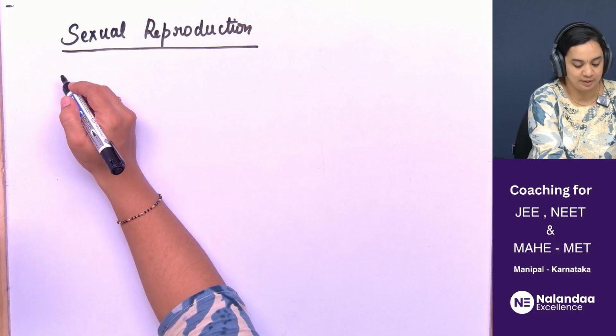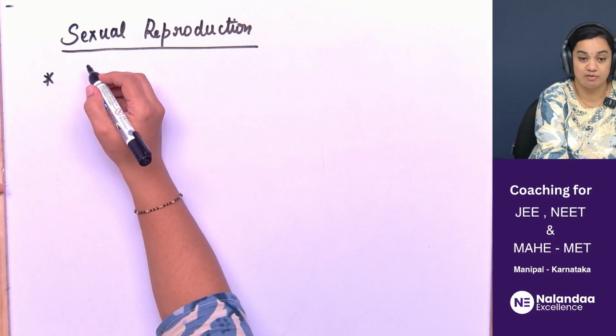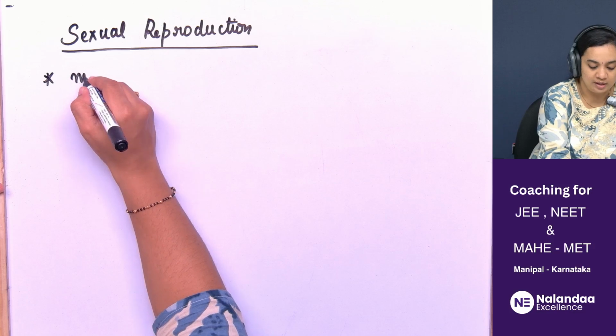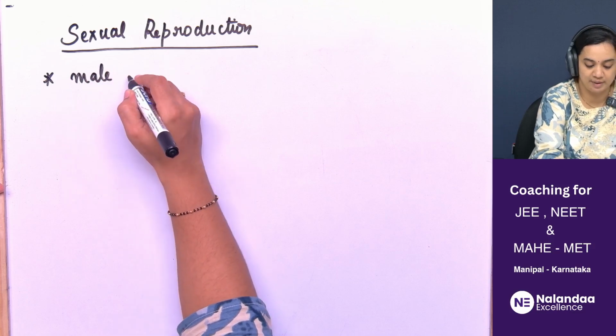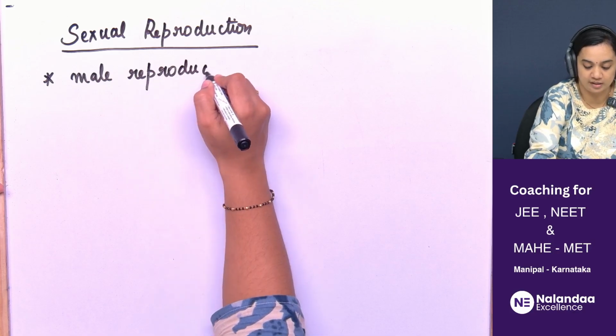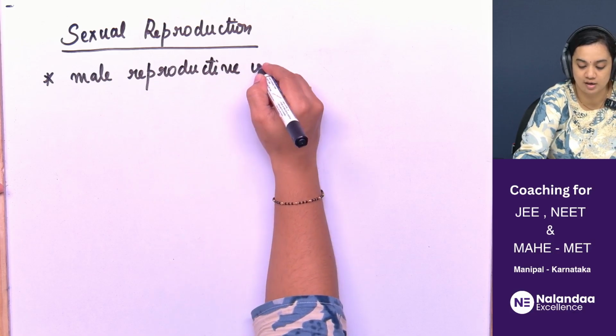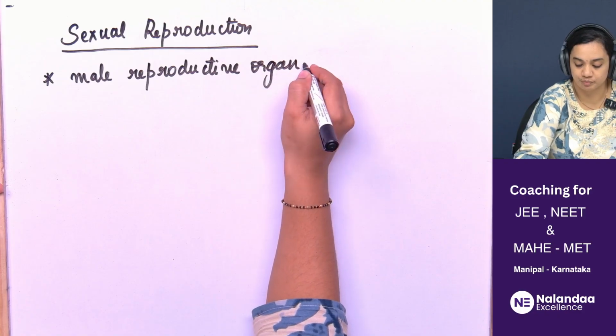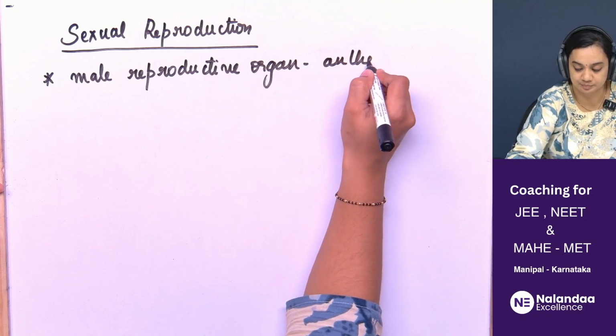So sexual reproduction happens by formation of gametes. So there is formation of specific male reproductive organ. What is the male reproductive organ called? Yes, antheridium.